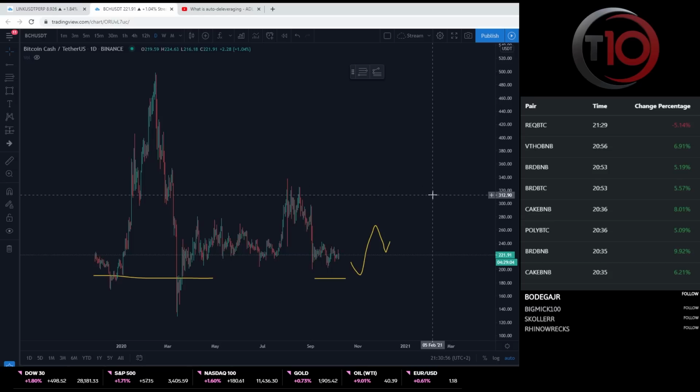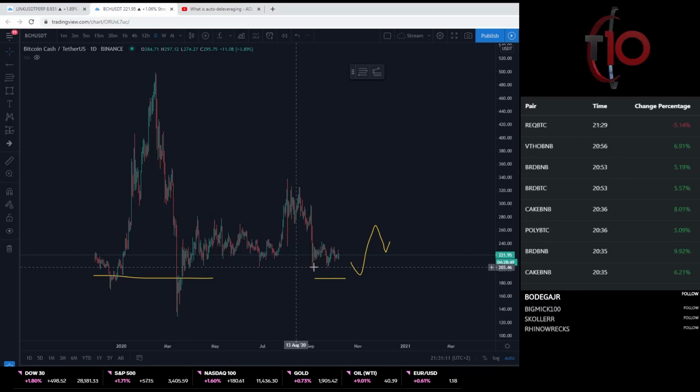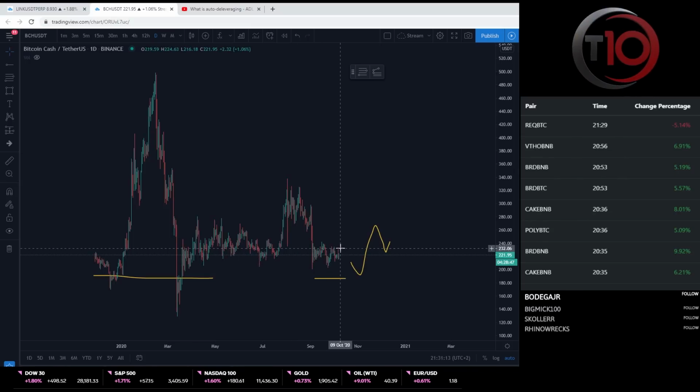So let's see. Bitcoin Cash looks like shit, but it is an easy stop loss. Maybe a small wick down in this area, but it's quite a big zone. I tested it multiple times, so I will wait for a gain of some sort and then try a high low.